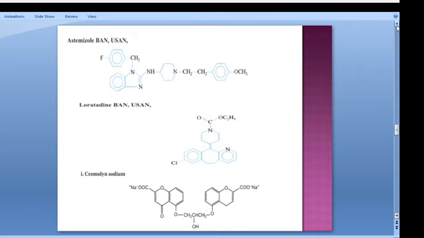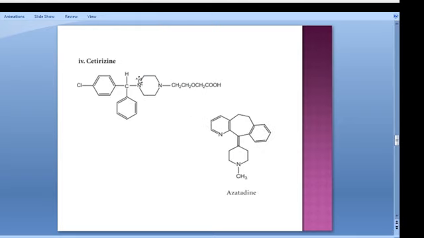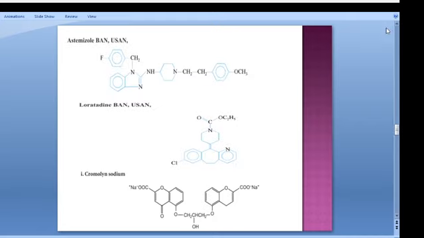They are divided into two main classes: piperazine derivatives, with cetirizine as the major drug, and pyridine or piperidine derivatives, such as astemizole and loratadine.